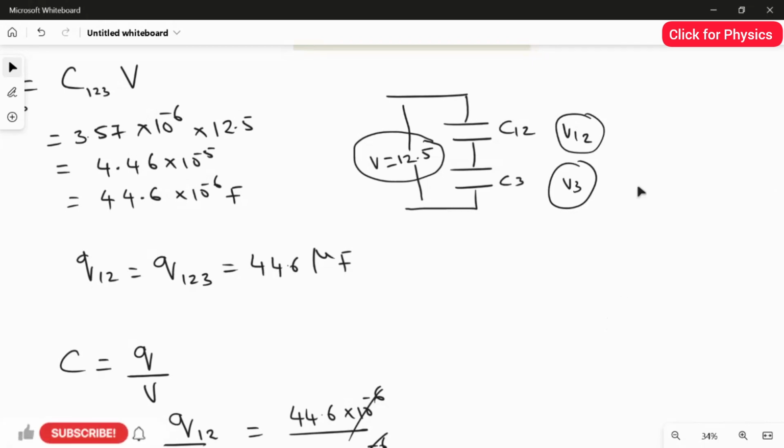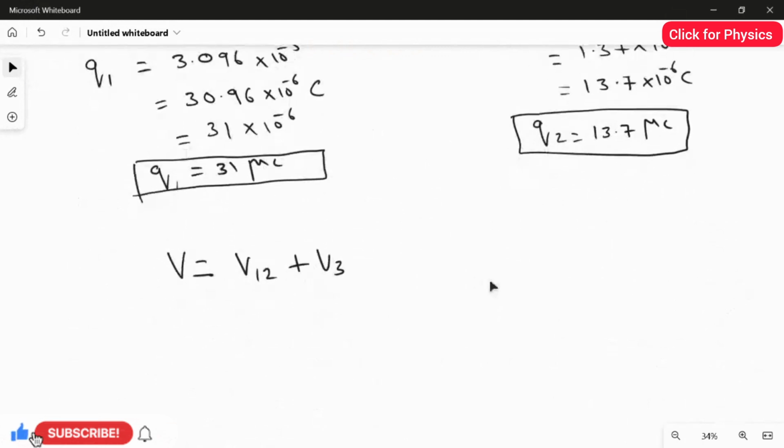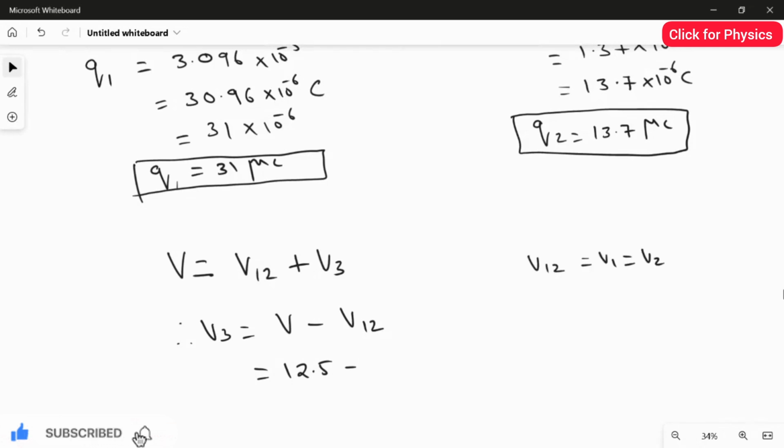So we have to substitute the value here to find the answer for V3. That's the reason I write the equation like that. Therefore, V3 is equal to V minus V12. The V value is 12.5, but V12, which is equal to V1, which is equal to V2, is 2.58.